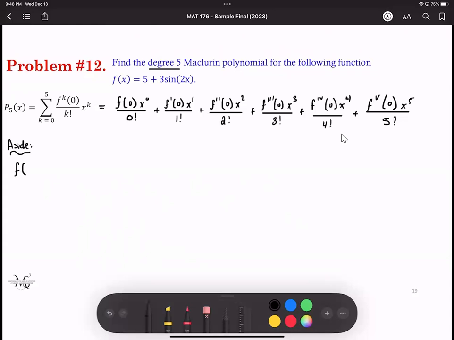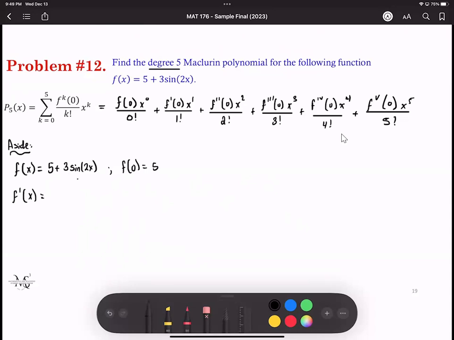Right? So we begin with f of x equals 5 plus 3 sine of 2x. If I evaluate this at 0, you get 5 plus 3 times sine of 0. So that's just 5, since 3 sine of 0 is all just 0. Okay? Now, if I do f prime, or the first derivative, the 5 goes away.